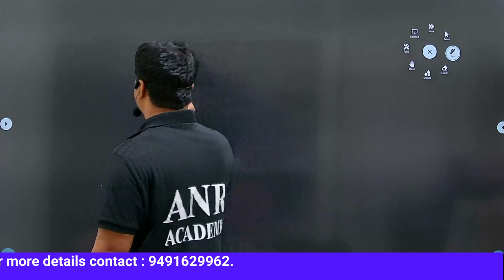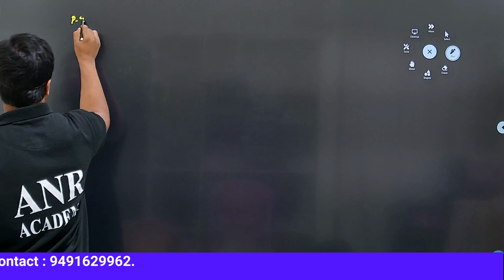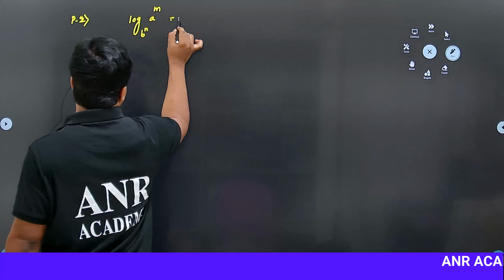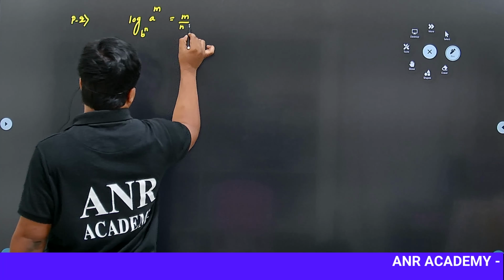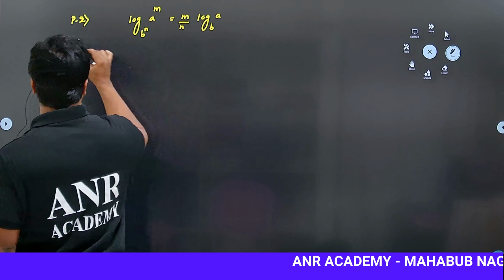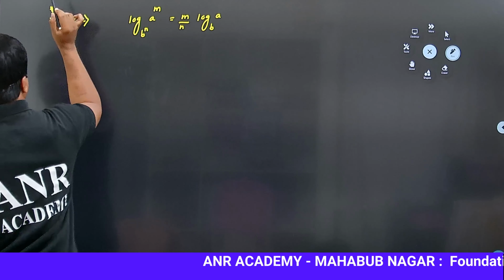Second property: log a power m base b power n is m by n log a base b. Important result. See the proof of this.